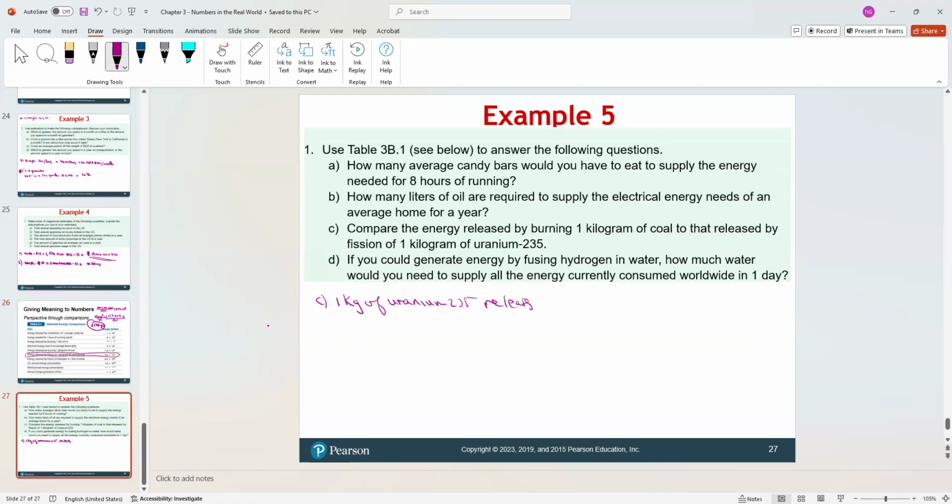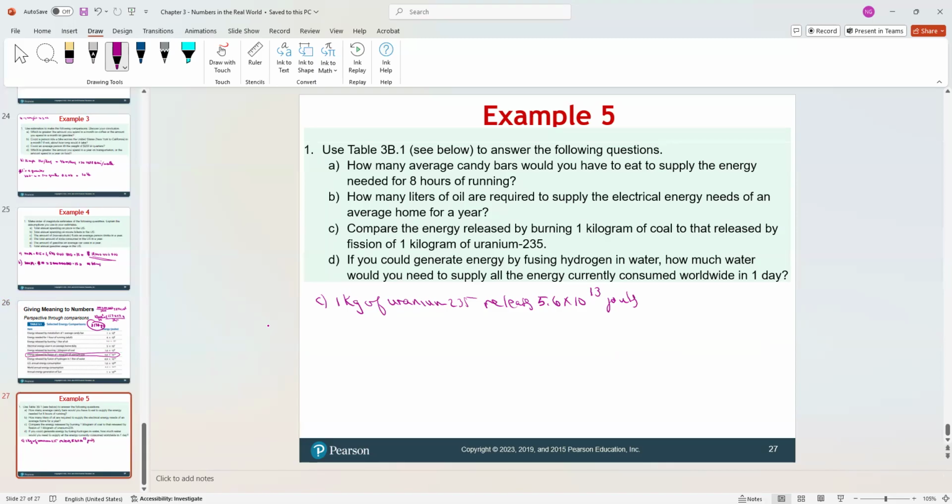Okay, for the C, we are right there. We said it releases 5.6 times 10 power 13. So you can look and verify what I said, joules. That's in joules, okay?